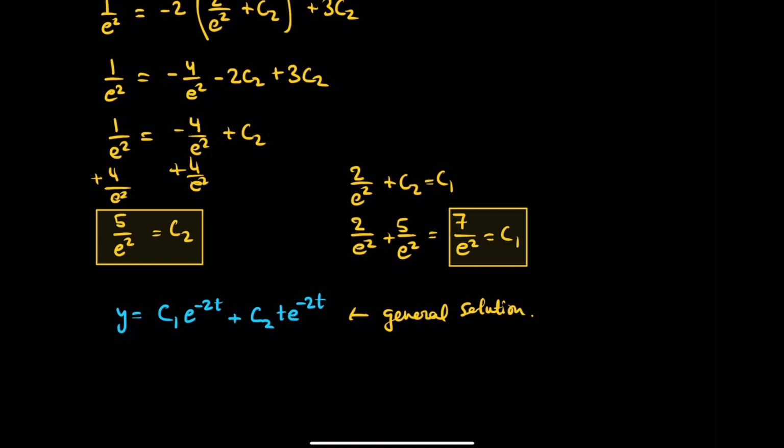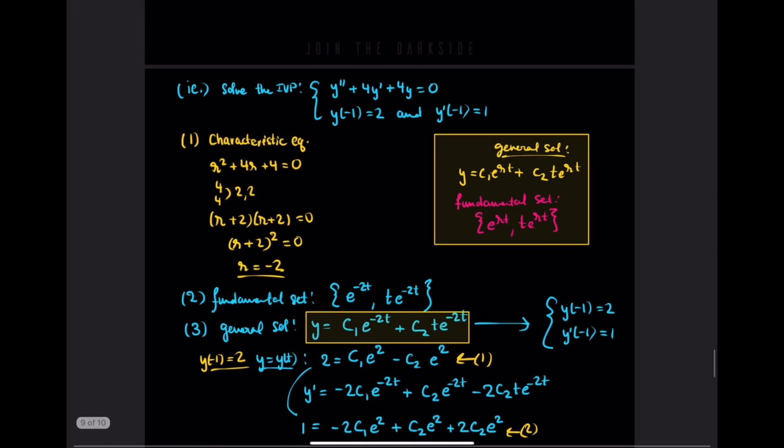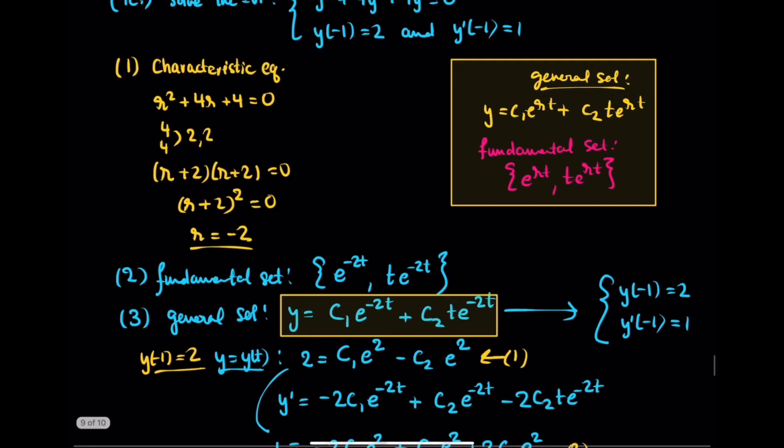And so now the particular solution will look like this. y equals c1, c1 is 7e squared, e to the minus 2t, and then 5e squared te to the minus 2t. And that's how you get the particular solution for this annoying equation. This was a bit of a pain, but we did it. Not bad at all. Okay, let's keep going.